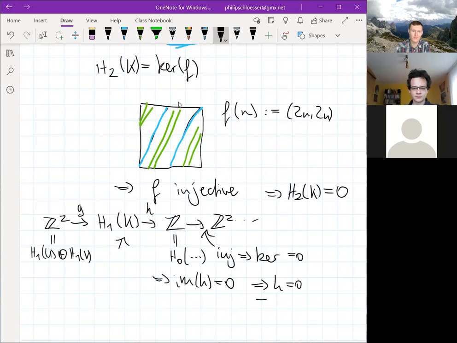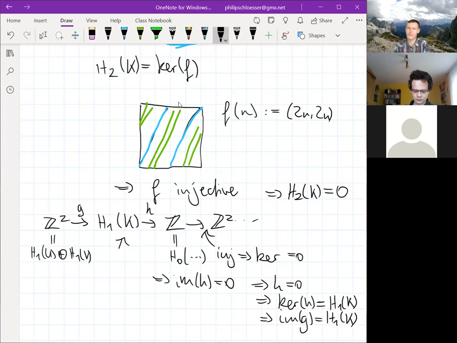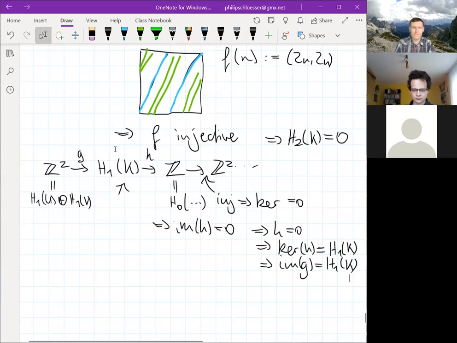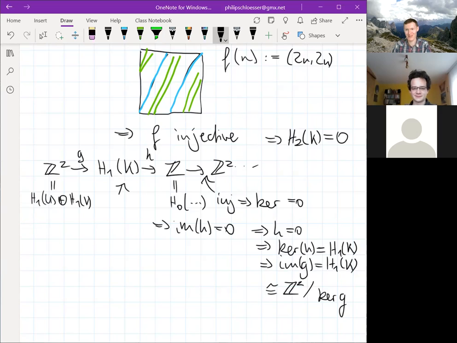No. So H is 0, meaning that the kernel of H is H1K, meaning that this is equal to the image of G. And the image of G, this is really getting algebraic here, well, we can just say that this is equal to the domain of G divided by the kernel of G, by the isomorphism theorem.